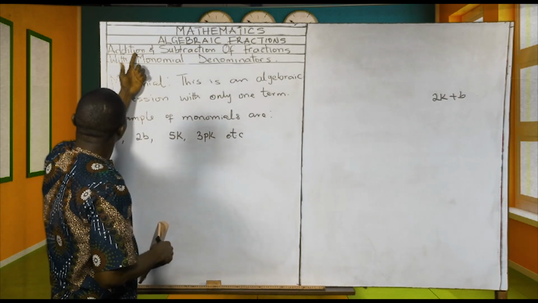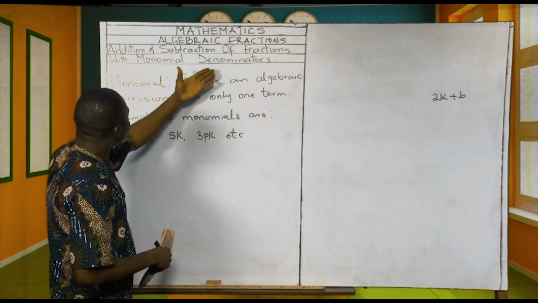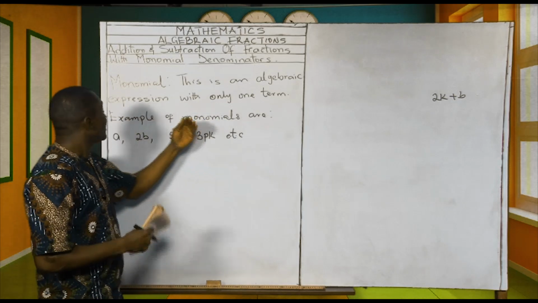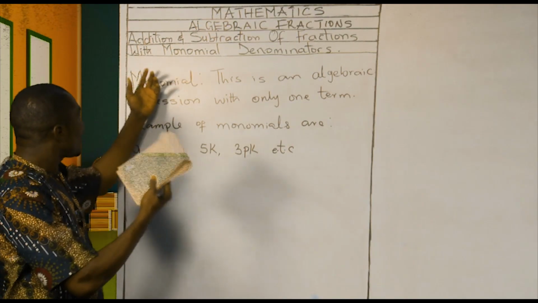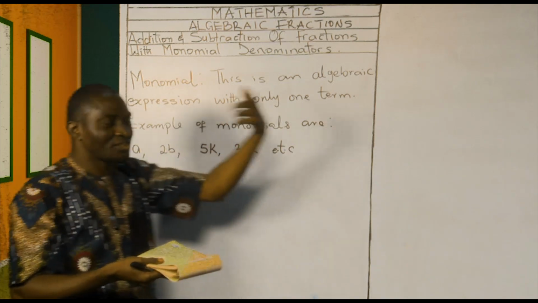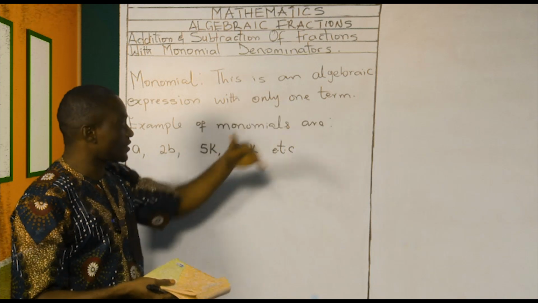Now, when we say we want to deal with fractions with monomial denominators, we want to see how we can add and subtract fractions. What fractions? Fractions with monomial denominators.